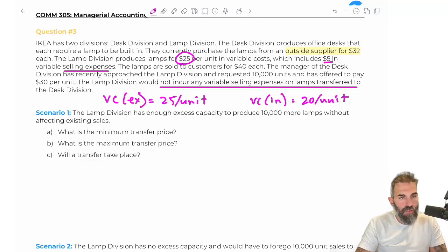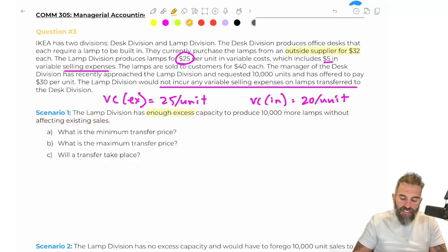Okay. The first scenario is the easiest and the one we hope for. We have enough excess capacity to produce 10,000 more lamps without affecting sales. In this case, guys, there is no opportunity cost. When we have all the capacity we need, there's no opportunity cost.